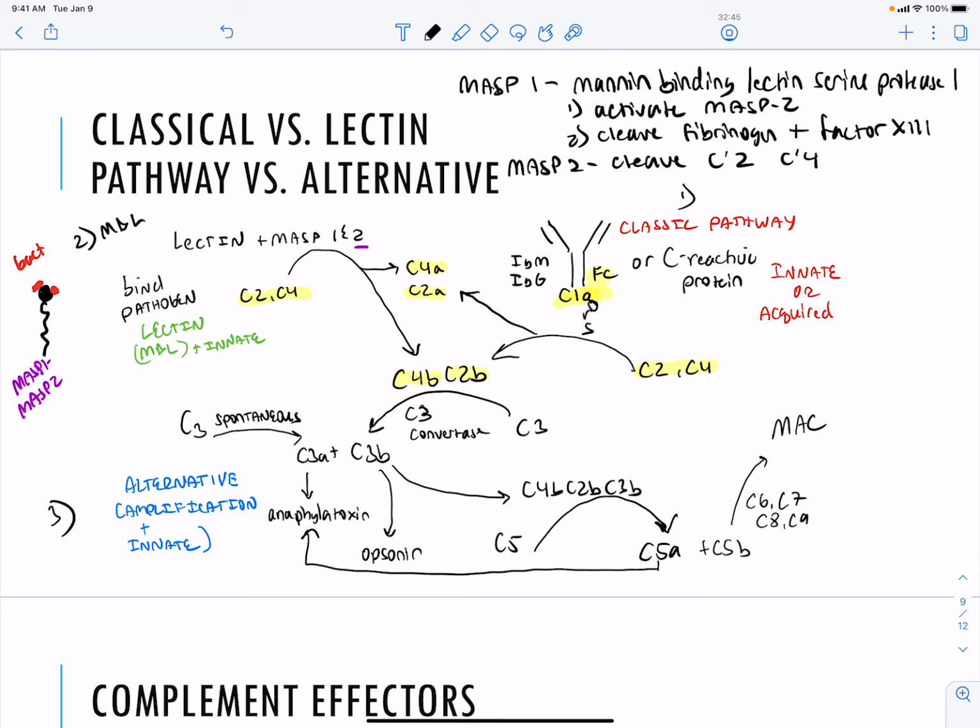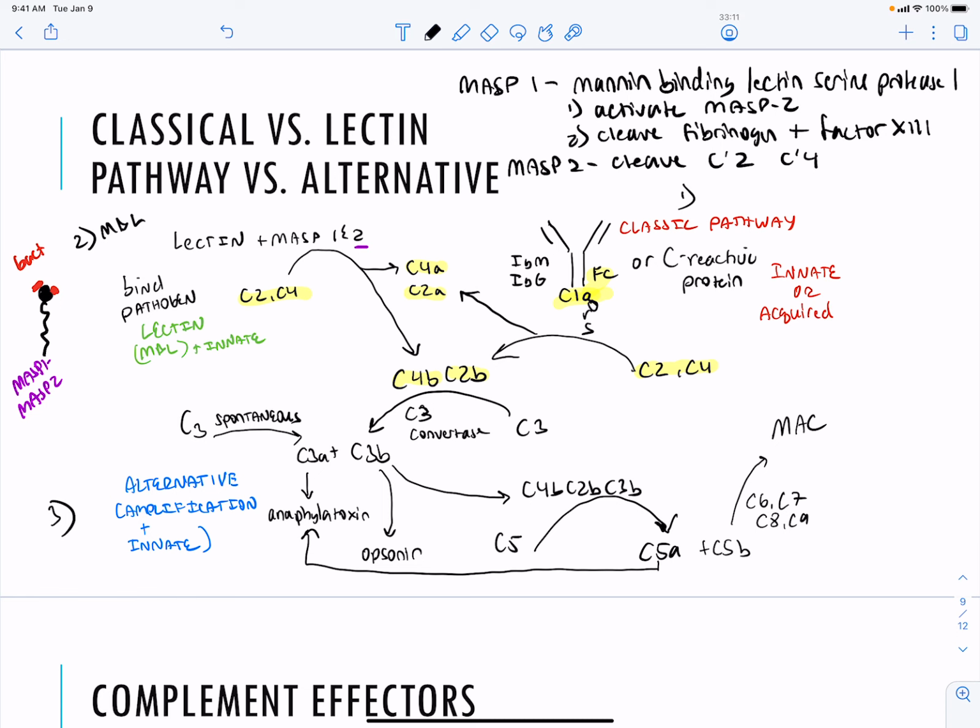It doesn't cause any problems because you have some inactivators that are also present in your body, and they quickly can neutralize a spontaneous C3A, C3B, as long as there's no pathogen present. If a pathogen is present, then the amount of C3A and C3B overcomes this natural ability to inactivate them, and you start to get inflammation, which if you have an infection, that's what you want.